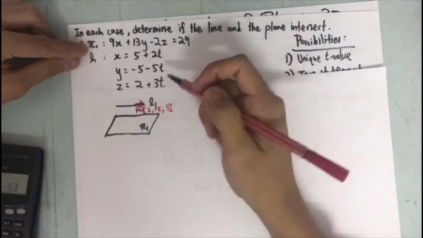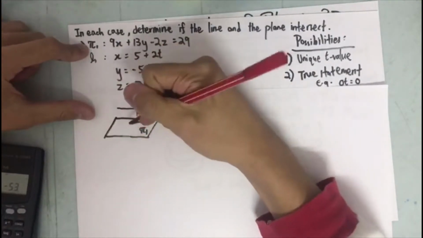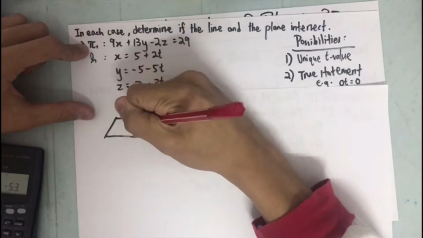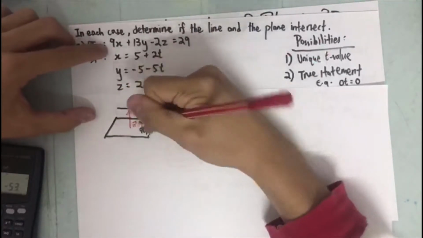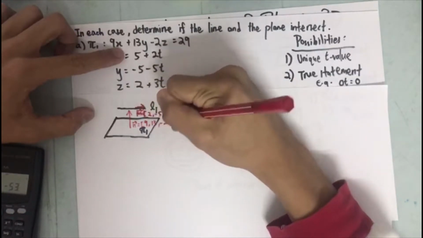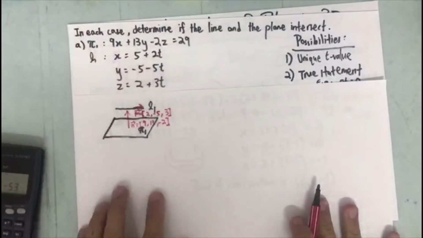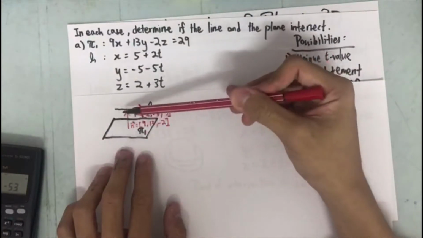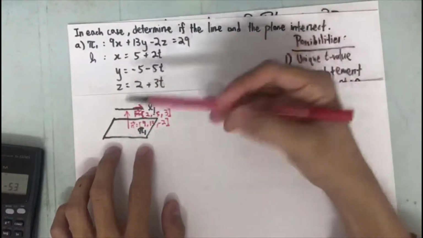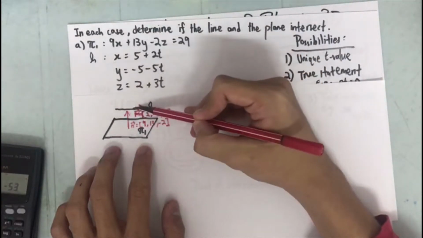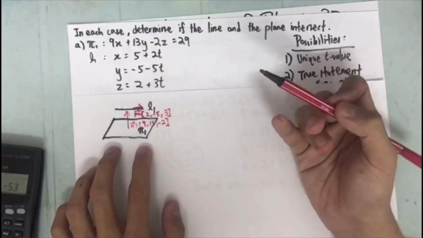And from the scalar equation of the plane, you know the normal vector of the plane is actually (9, 13, -2). Okay, now you can see, what I want to say is, if the line is really parallel to the plane, the normal vector of the plane must be perpendicular to the direction vector of the line.